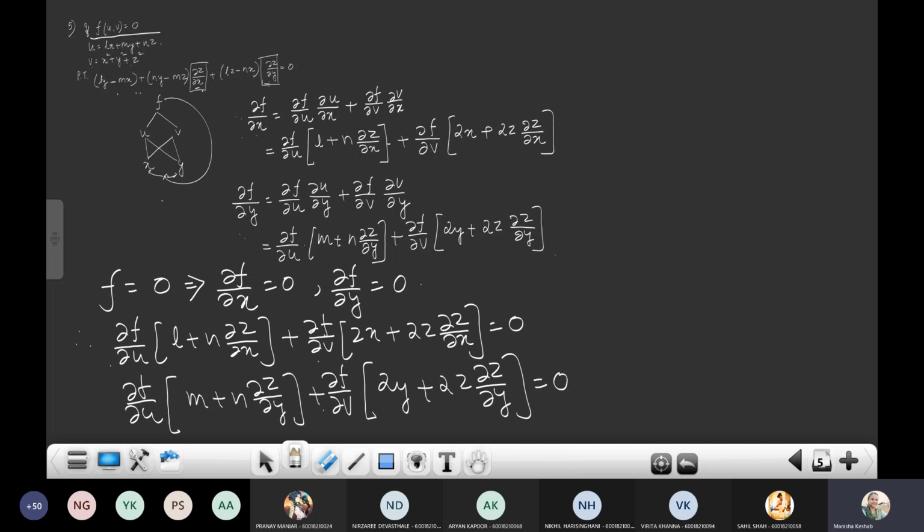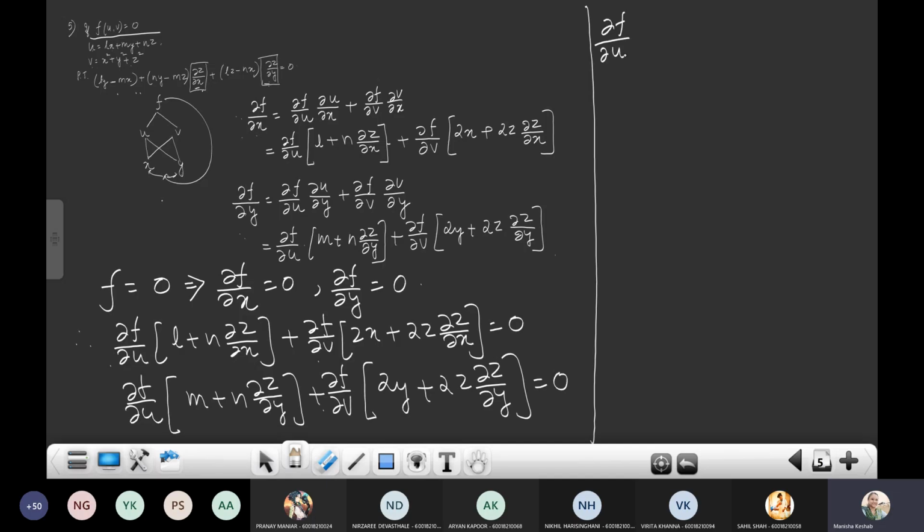So what is the easy way to eliminate? दोनों equations से del f del u upon del f del v we can easily evaluate, and since f is the same function, so मेरा del f del u upon del f del v will be same for both. So the other way, मतलब जैसे भी आपको find करना है, तो कोई भी एक just ratio आप find कर लो.